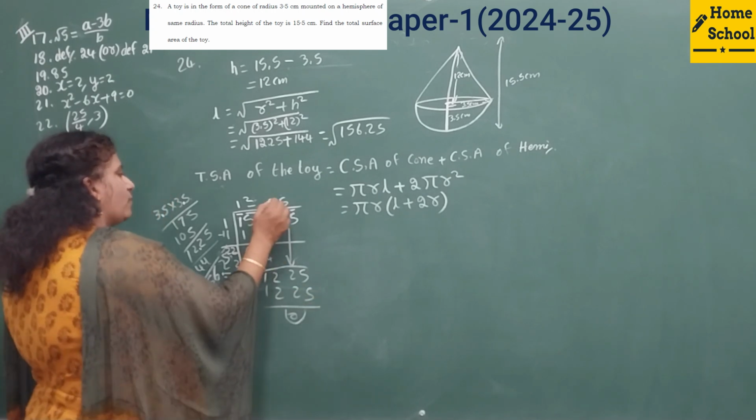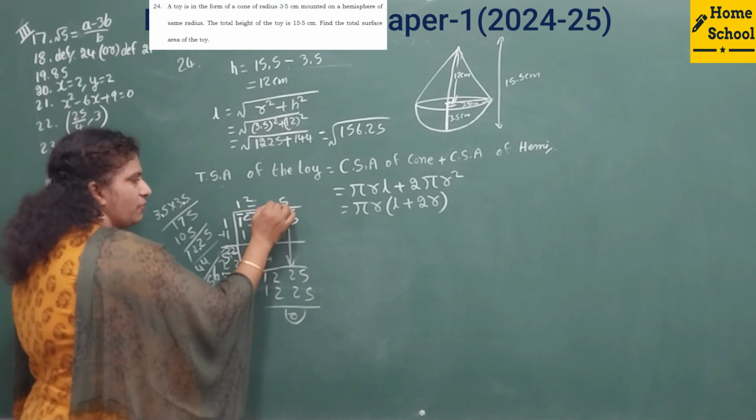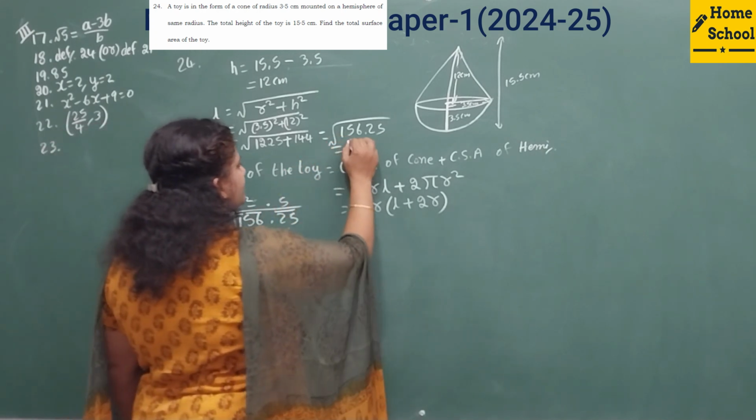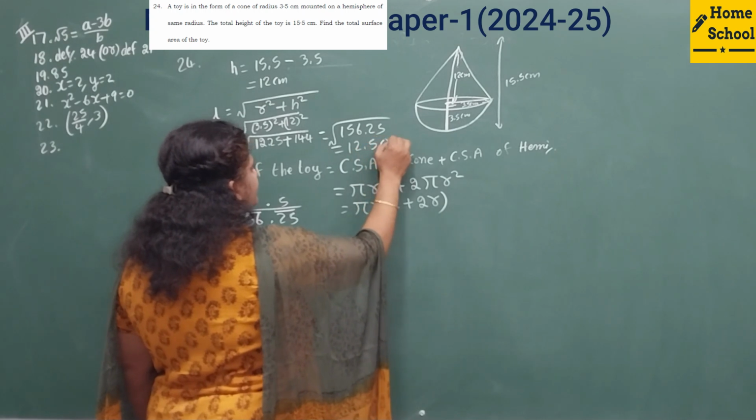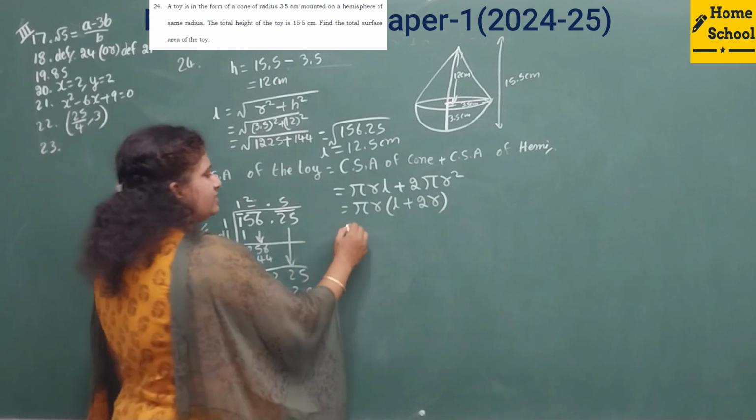Now what is the square root of 156.25? Take the decimal point here. That is 12.5 centimeters is your L value. Now substitute.